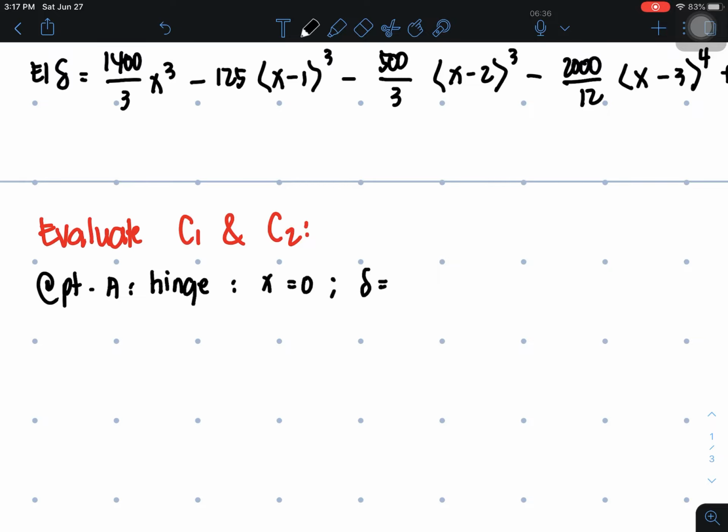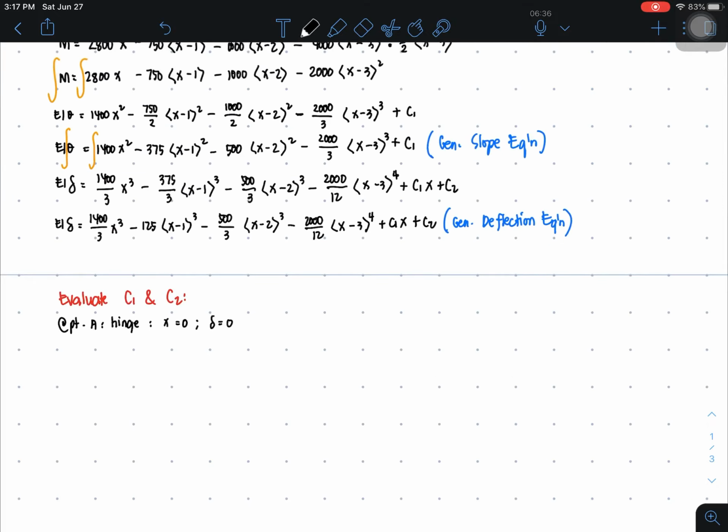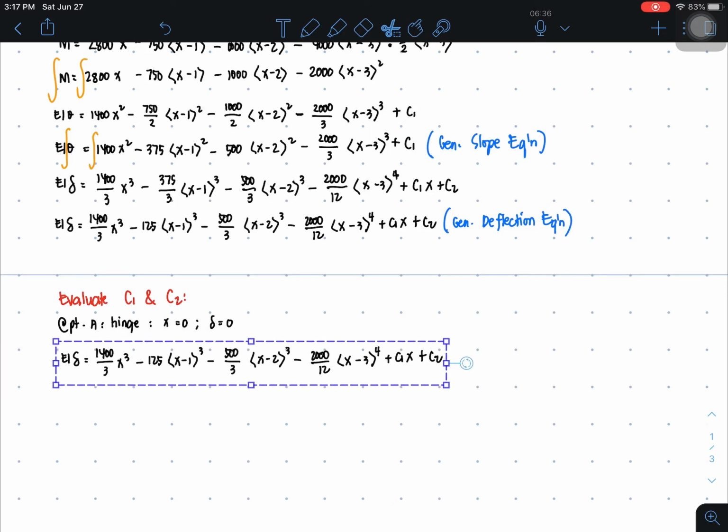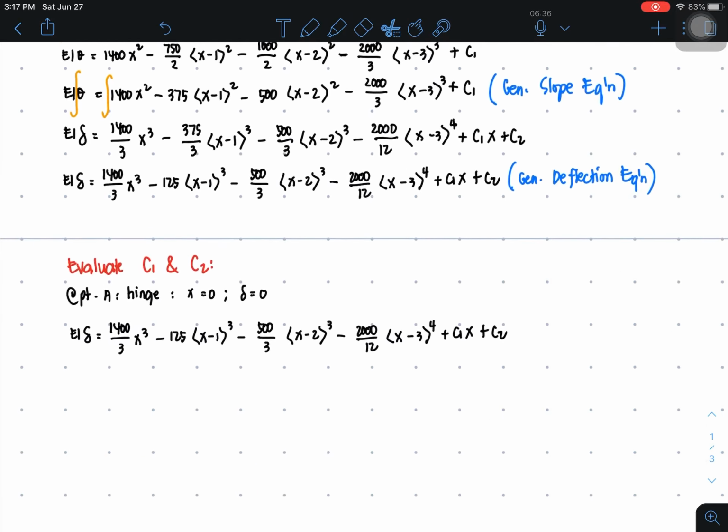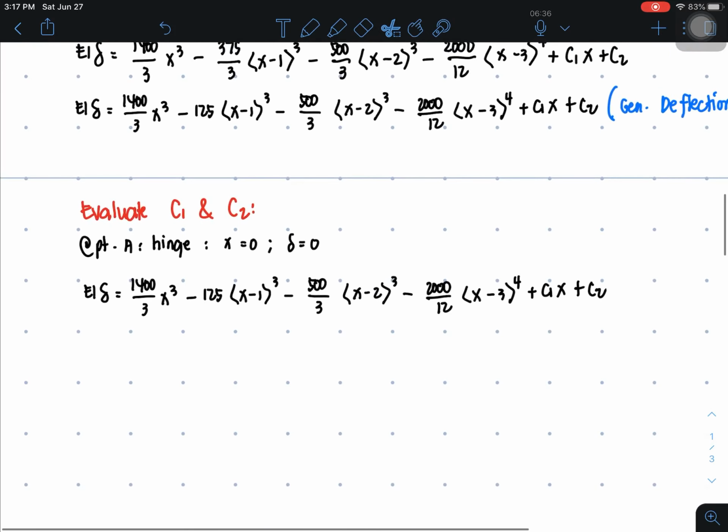So it will give us the value of deflection equal to 0. We're going to copy this equation since we need it, and substitute x equal to 0 and deflection equal to 0.